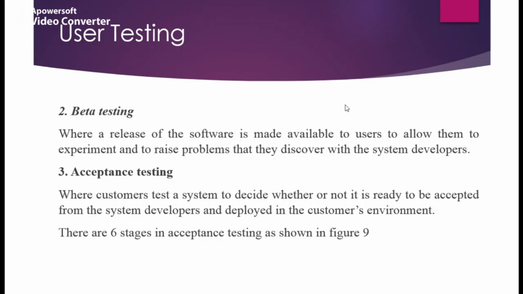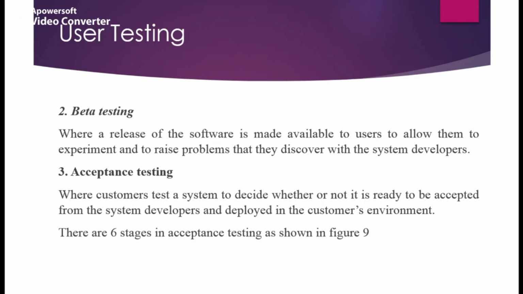Okay. Third one, acceptance testing. Here customers test a system to decide whether or not it is ready to be accepted from the system developers and deployed in the customer's environment. Acceptance testing is fully linked to your customer.